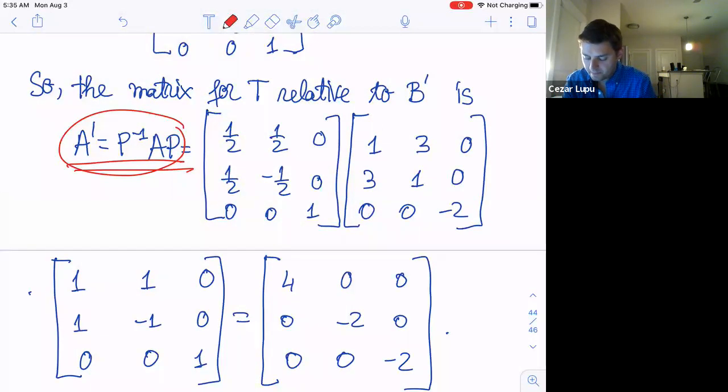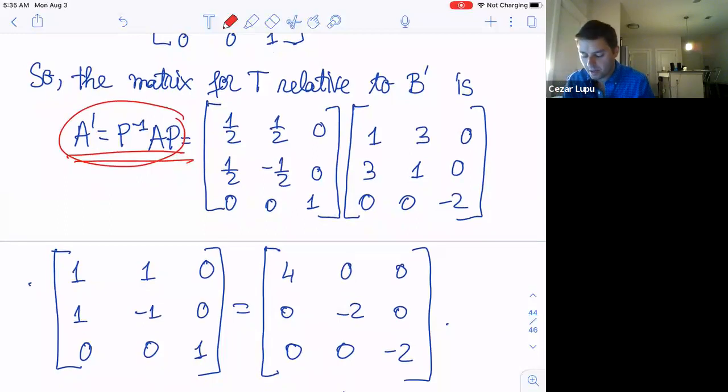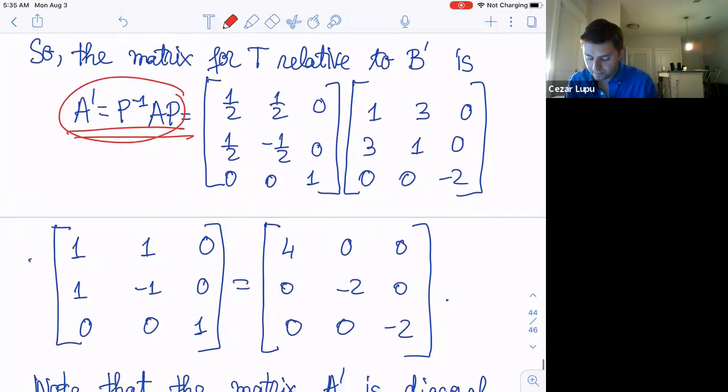And according to the computations, the result is the matrix whose entries are the following. On the first row, we have 4, 0, 0. Second row, the entries are 0, -2, 0. And the third row, the entries are 0, 0, and -2. So this is my matrix A prime.